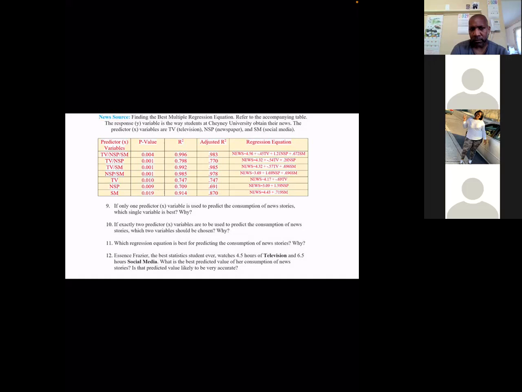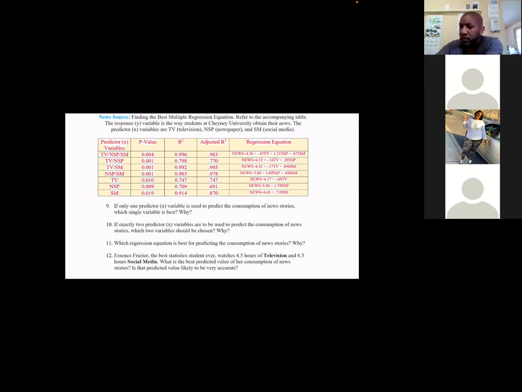I'm not going to say you're wrong, but I'm going to guide you through how to find the right answer. So it wouldn't be TV, because if we look at the next equation with 2 variables, we have to look at the gains between the best variable, which is smartphone, the 0.914, and the best from these 2 variables, and look at how much they gain.